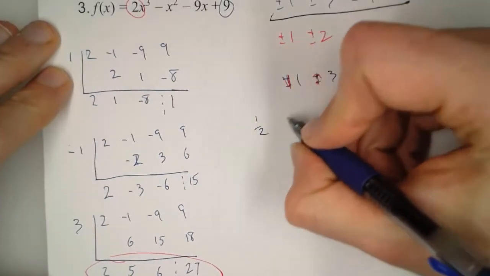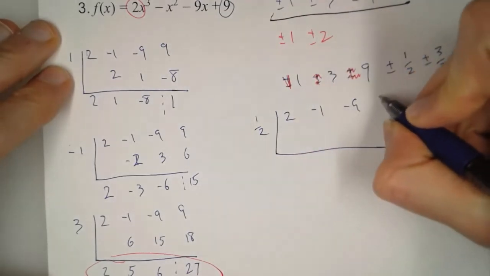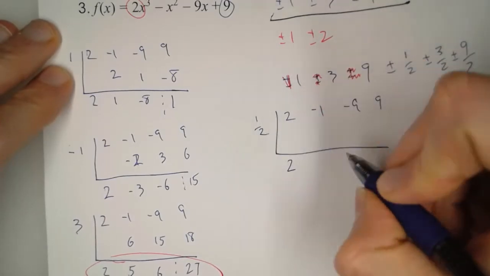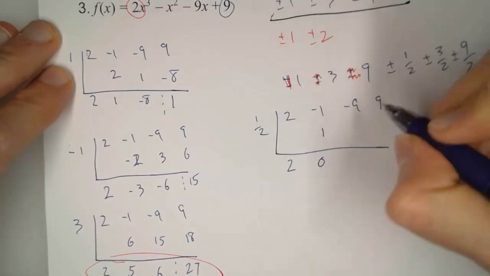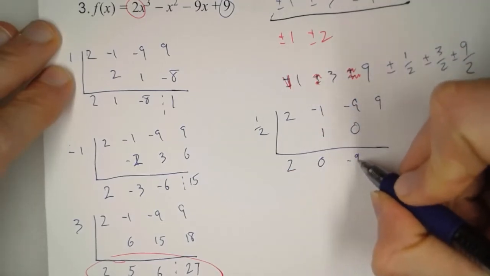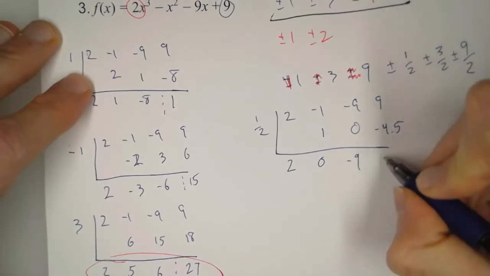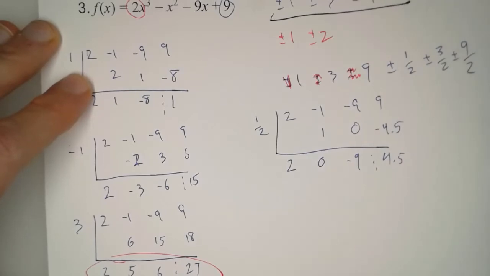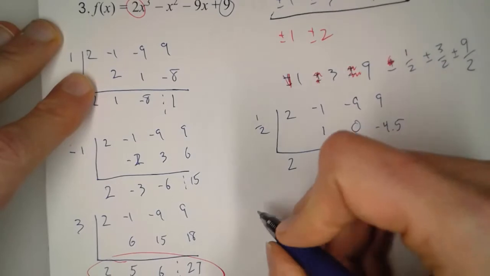So let's try 1/2. So 2, -1, -9, and 9. So bring down the 2. Times 1/2 is 1. And that makes 0. 0 times 1/2 is 0. So -9. -9 is negative. So that's -4.5, which is 4.5. So 1/2 does not work. So what about -1/2?